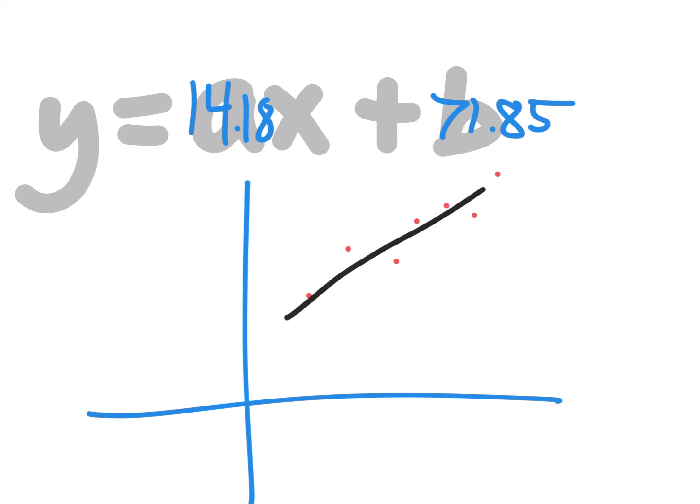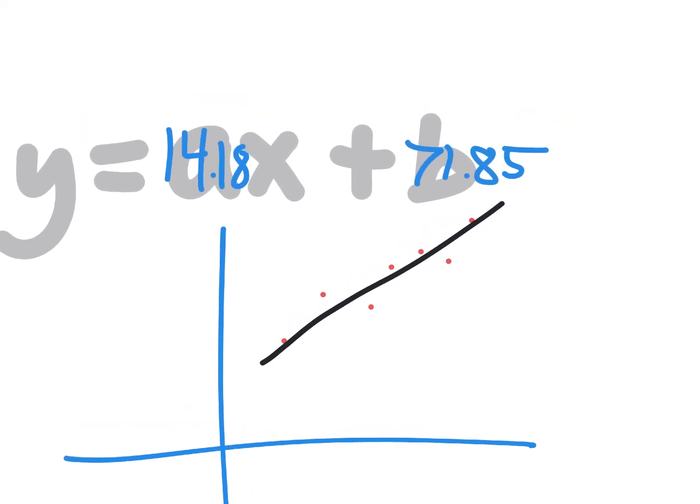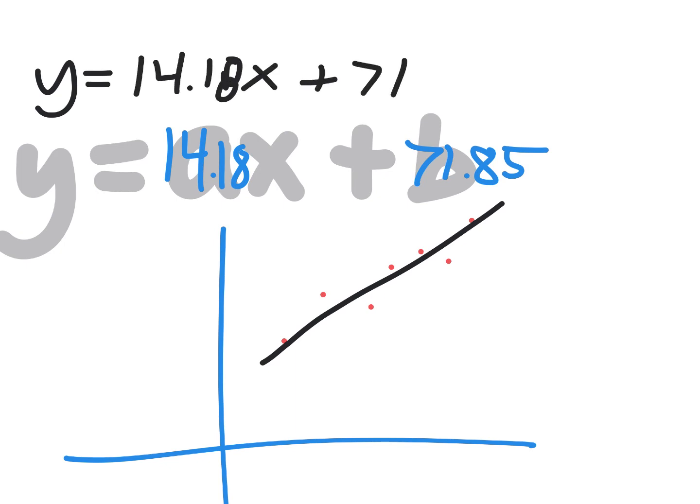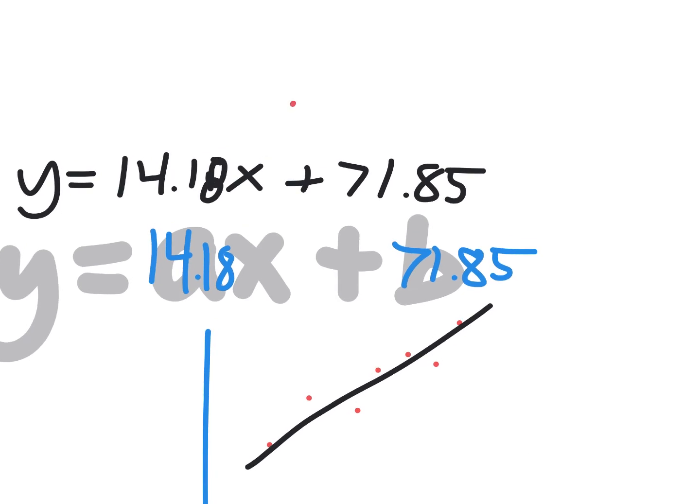So what the calculator is doing is getting an equation for a line that goes through the middle of those as close as it can. And it's giving us the equation for that line, which is y equals, if I round it, 14.18x plus 71.85.